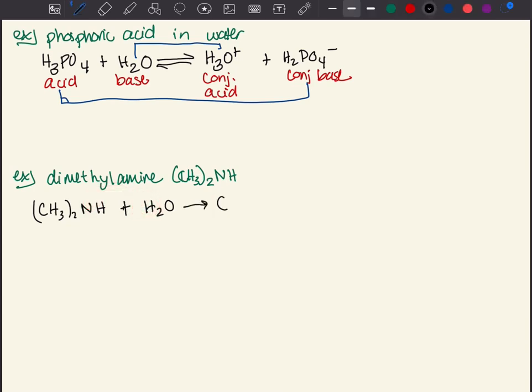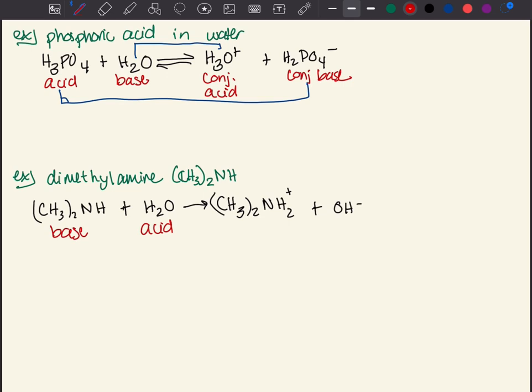So when that happens, we'll have (CH3)2NH2, and now that is going to have a plus sign on it, and then we will get hydroxide.